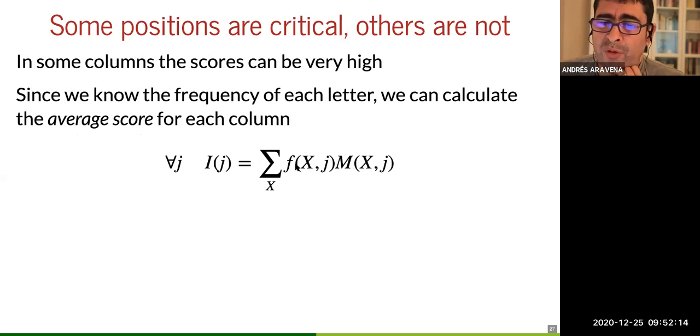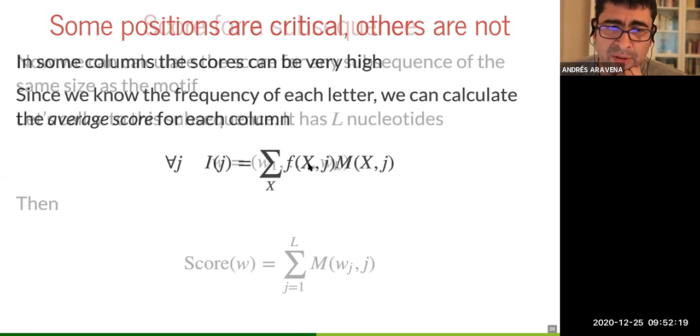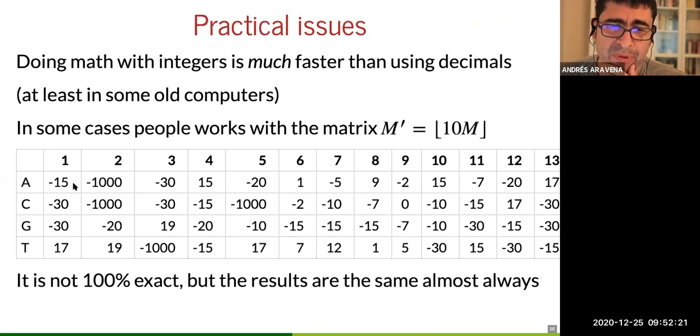If you remember, there was 2% of the time you get A, 1% C, 1% G, and 85% of the time was 17.